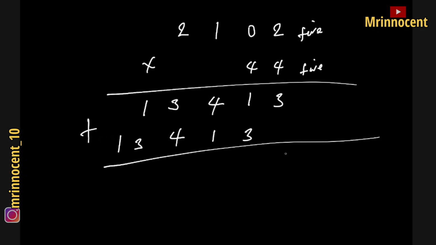You then add. 3 plus 0 is 3. 1 plus 3 is 4. 4 plus 1 is 5. 5 in base 5 is 1, remainder 0. 1 plus 3 is 4 plus 4 is 8. 8 in base 5 is 1, remainder 3. 1 plus 1 is 2 plus 3 is 5. 5 in base 5 is 1, remainder 0. 1 plus 1 is 2.